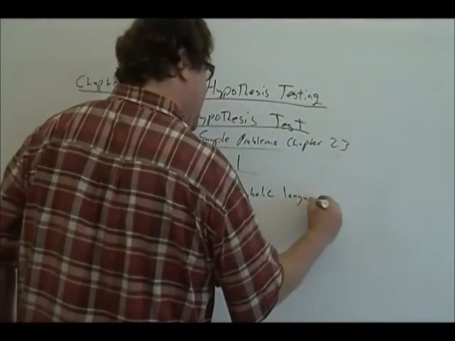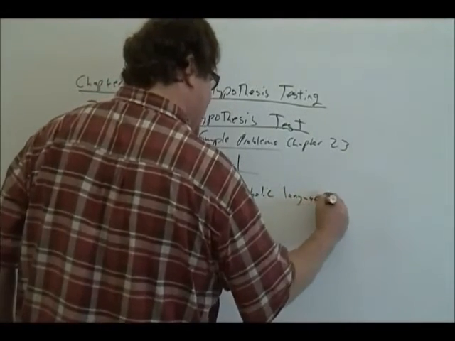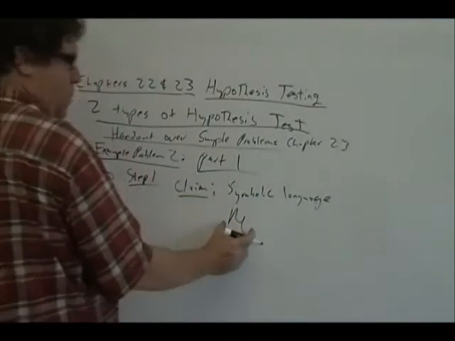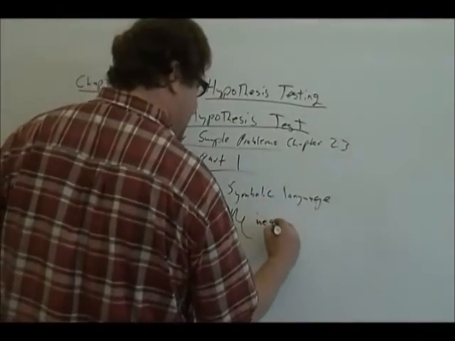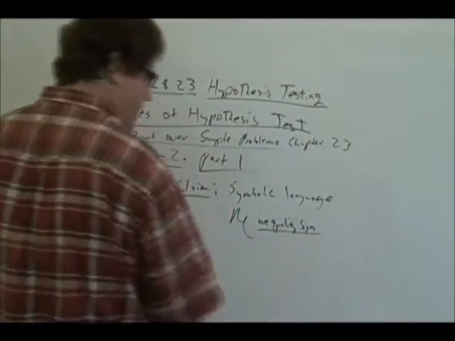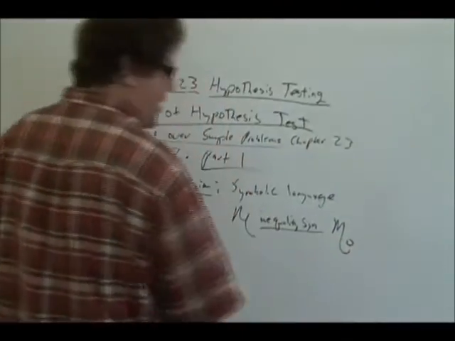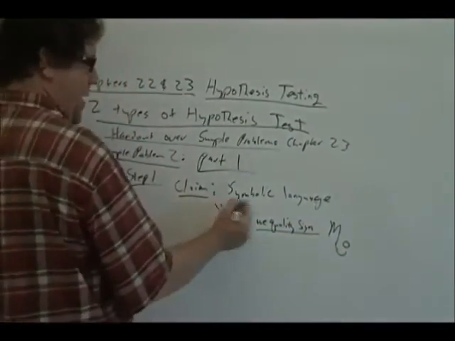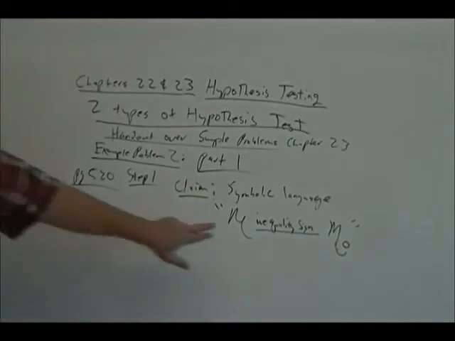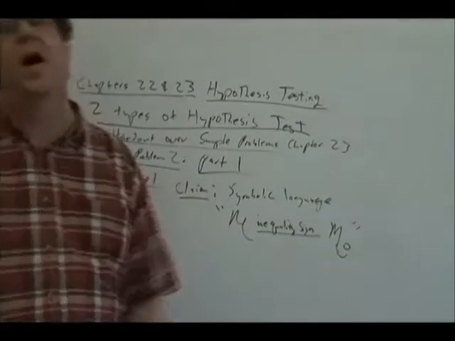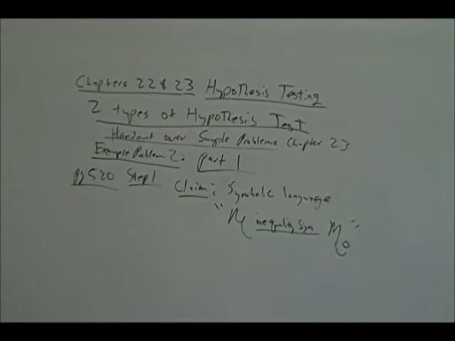So when we translate the verbal information about the claim into symbolic language, it's going to be of the form mu, which is the population mean, with an inequality sign, either less than or greater than, and then mu naught, the last number in symbolic language for our claim and counterclaim. So instead of p, inequality sign, p naught, we're now going to get something that looks like mu, inequality sign, mu naught.